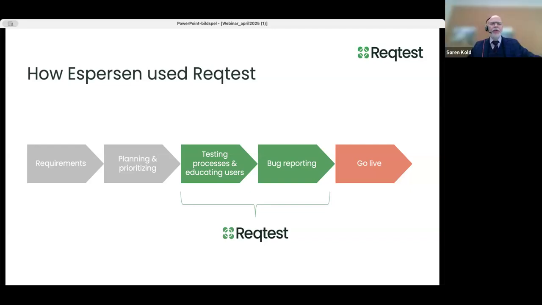We did use the requirements a little bit, but the main focus was on the testing and the bug solving. Rectest was perfect for that because we could send these bugs in direction of our own support team or the software consultants team or whoever needed to solve the bugs or the problems that we had.